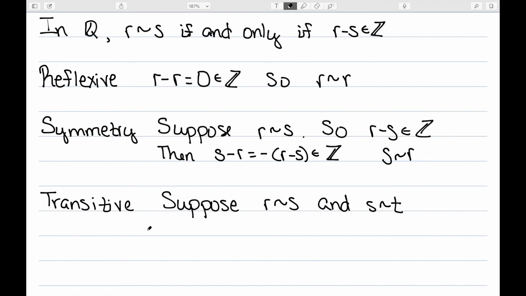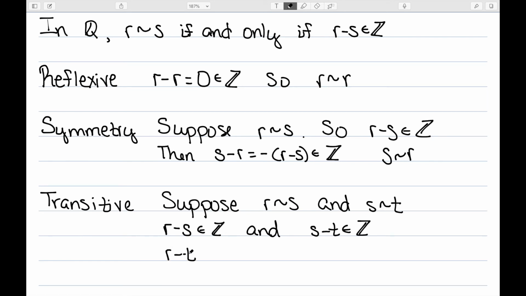Next, we need to show the transitive property. Let's suppose r is equivalent to s and s is equivalent to t. We need to show that r is equivalent to t. We know r minus s is an integer. And we know s minus t is an integer by the definition of this relation.